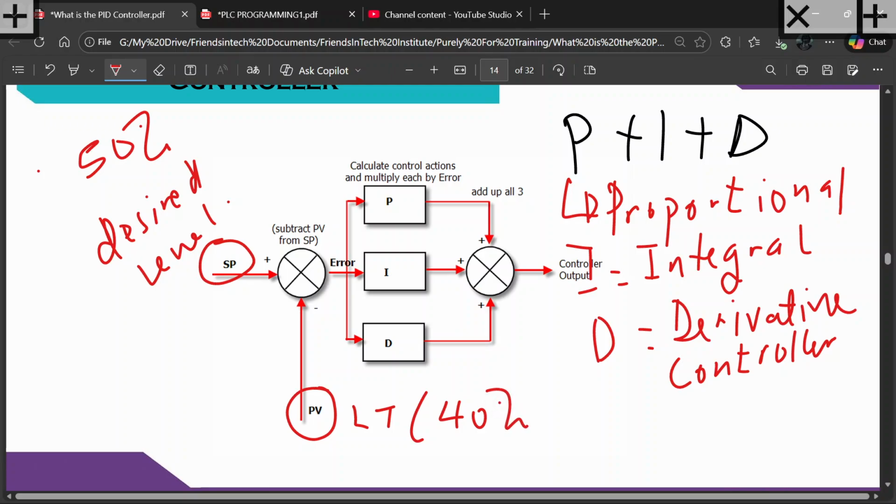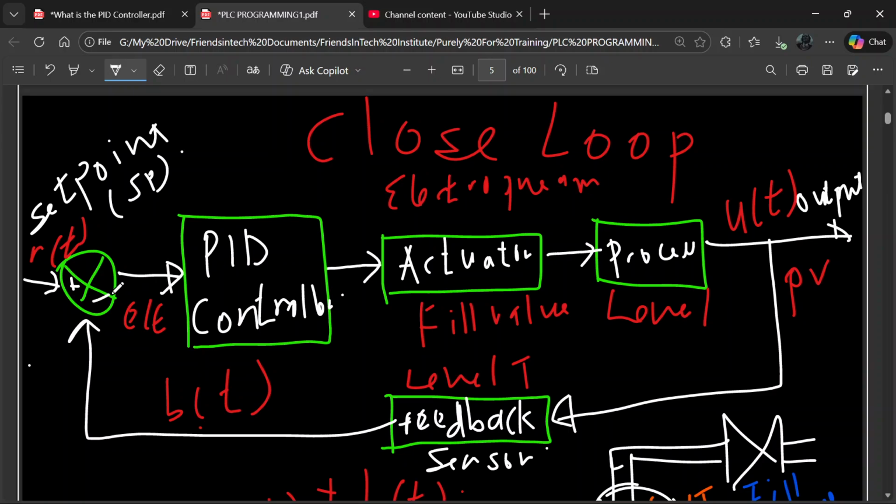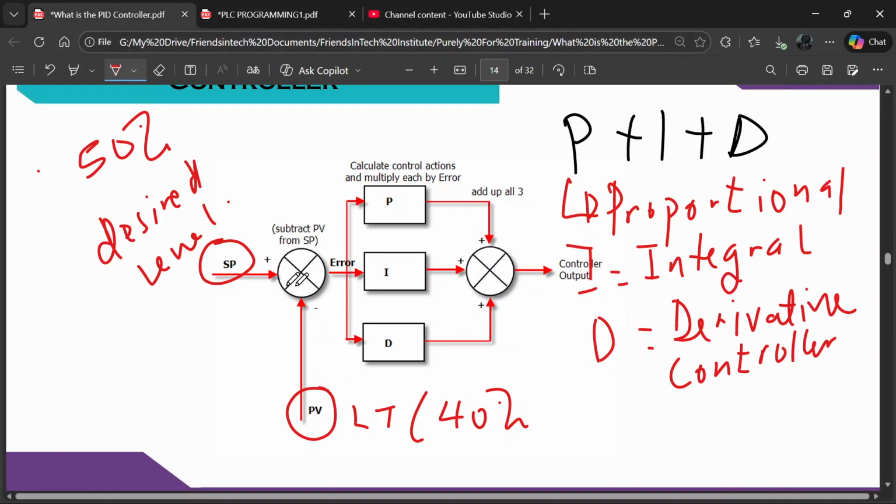So of course we have to calculate what is called an error signal. So error signal, if you go back to this here, this is the error signal, and normally we denote error signal as E of t in time domain. So this error signal is E of t.